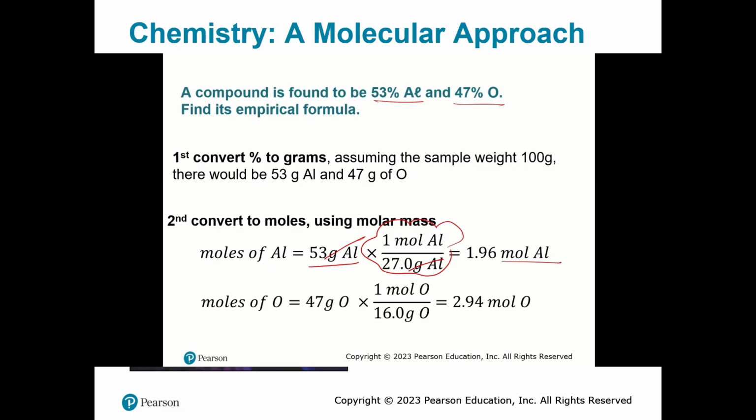And then I'm going to do the same thing with oxygen. So I have 47 grams, and 1 mole of oxygen is 16 grams. This is the molar mass. I divide by 16 grams and I have 2.94 moles of oxygen. So now you're going to divide both by the smallest number. I know that the smallest number here is 1.96 because I'm comparing both, right?